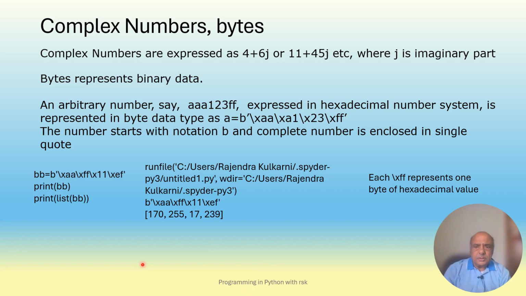Each \x and ff means it can be anything: 00 or 01 or 1a or 2a. It represents 1 byte of hexadecimal value. So here there are 4 bytes of hexadecimal value. Their equivalent decimal values are outputted by the print statement for print list BB.